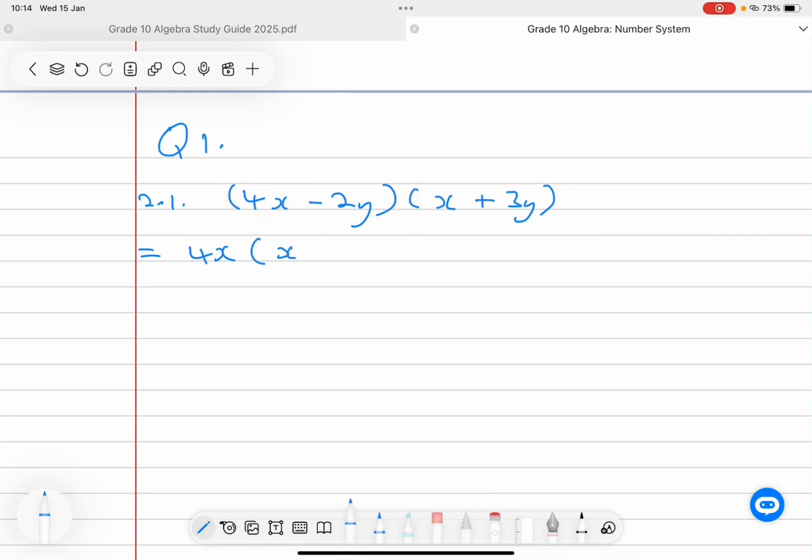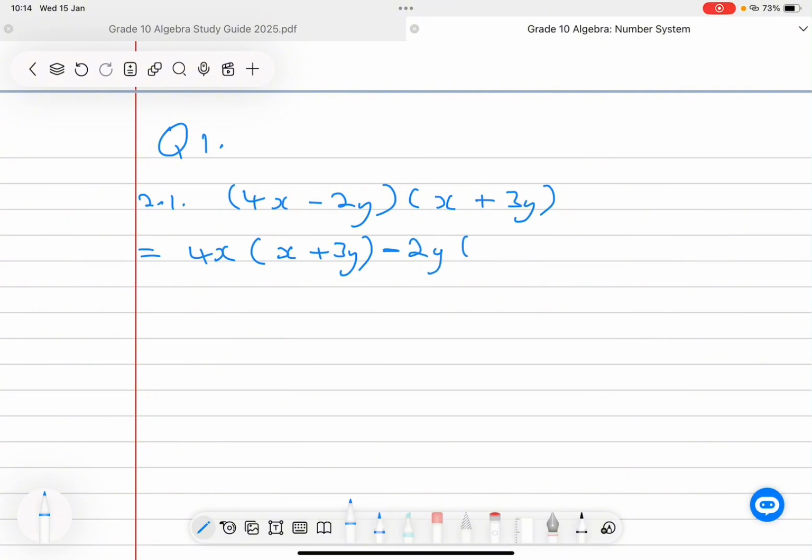Meaning I'm going to have, open bracket, x plus 3y. And take this whole negative 2y and multiply it with that binomial of x plus 3y.